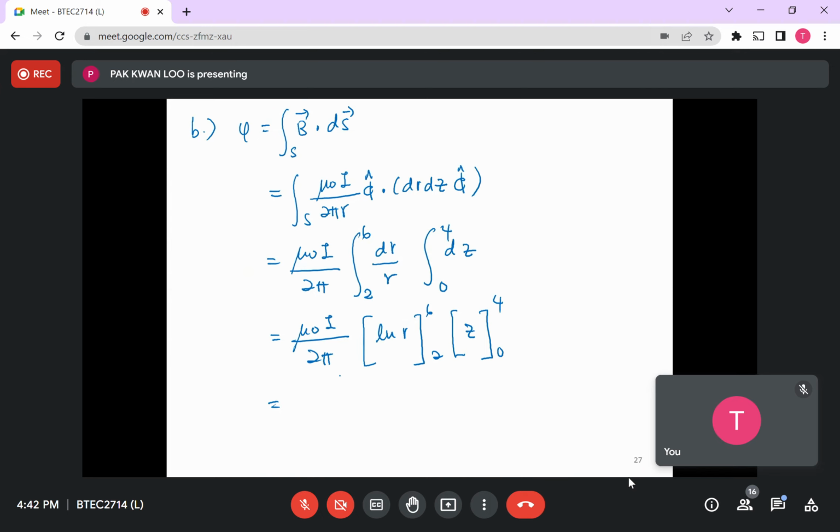So the value will be 4 pi times 10 to the power of negative 7 over 2 pi times ln 3 times 4, so 4 times 10 to the power of negative 7 times ln 3 times 4.